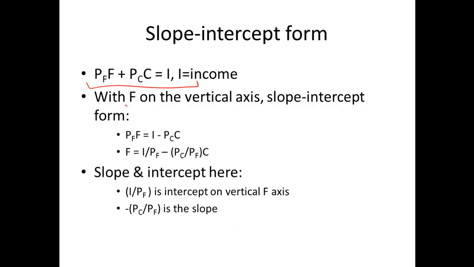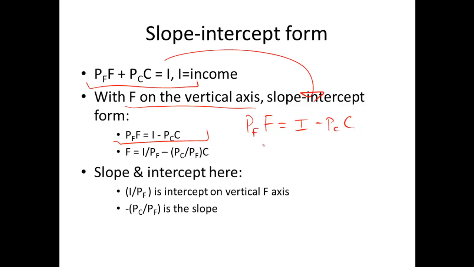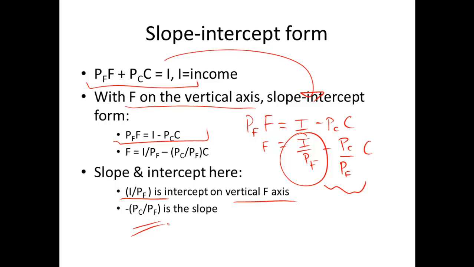And so if F, the number of units of food, is on the vertical axis, then the slope-intercept form for us means just take the budget constraint and solve it for F. So if we have PF times F equals I minus PC times C, which is just a quick rewriting of that, taking it one step farther, dividing both sides by PF, we get F equals I over PF minus PC over PF times C. And now, I over PF is the intercept on the vertical or F axis, and minus PC over PF is the slope of the budget constraint.